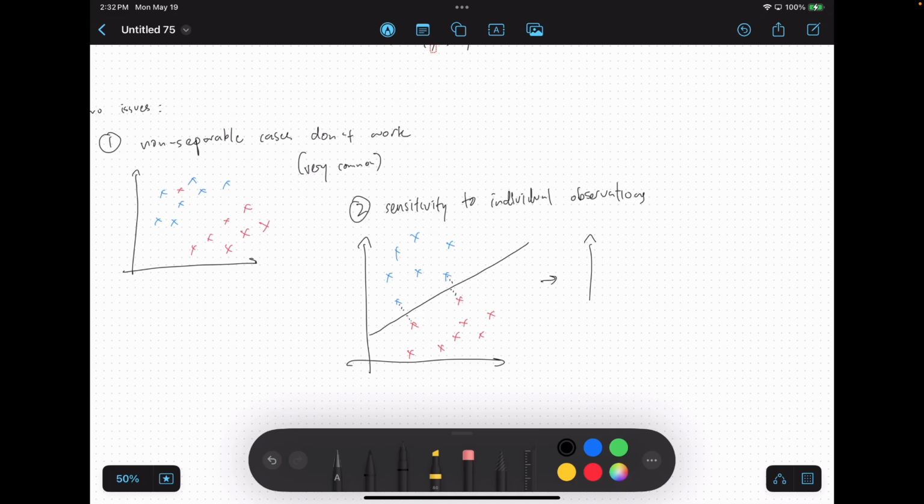But if I were to modify my data just a little bit, so let me try and replicate this. Okay. And I have something here. And let's say I drew a point like here.